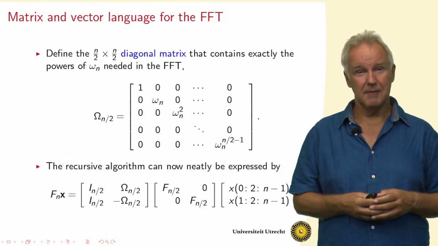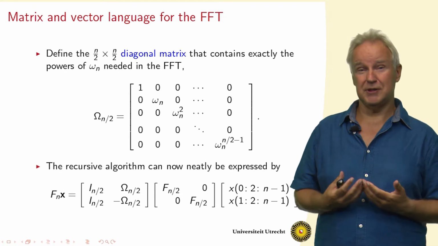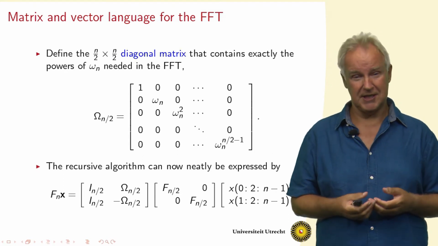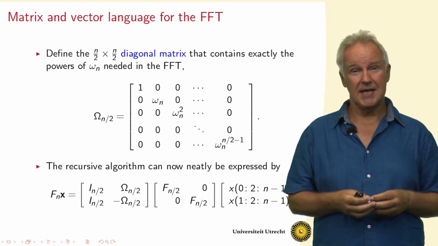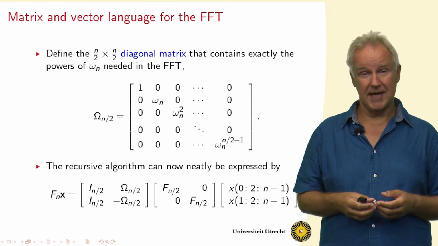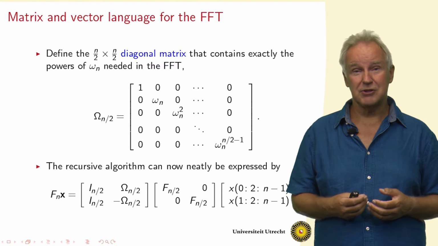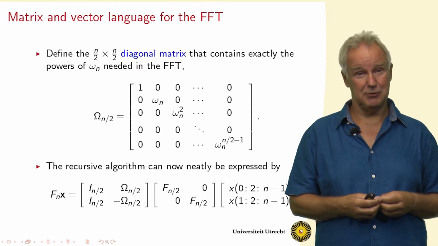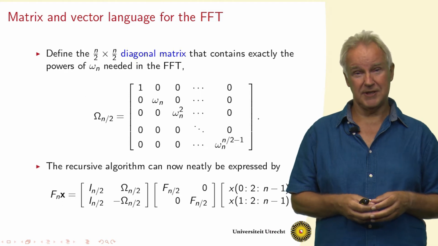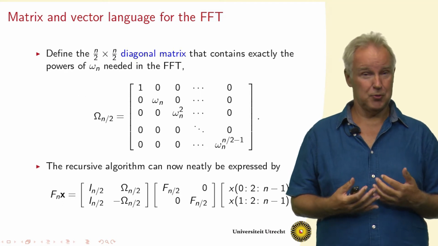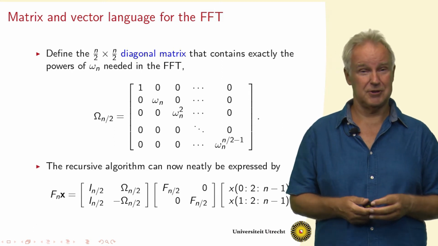And here we have a matrix which occurs during the Fourier transform in matrix notation, which is called omega. And omega in this case is an n/2 by n/2 matrix, which contains all the weights, all the powers of omega that we need in our algorithm. So it's very useful to have this omega matrix to formulate our algorithm in terms of matrices and vectors.